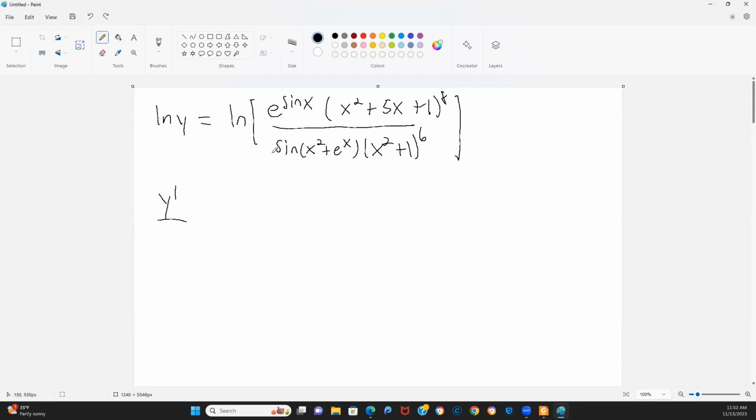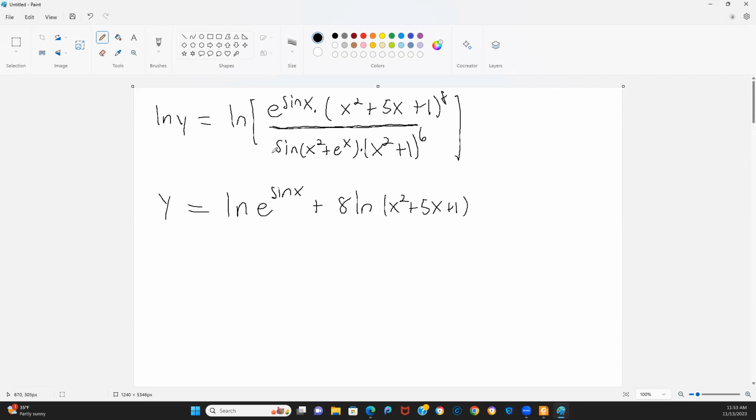Oh, sorry, we don't want to differentiate that. I'm going to use the log rules to break this up. So we have this fraction, which becomes a difference, and then we have a product here and a product here. So I'm going to combine a bunch of steps in one. So when you do that, you get ln e to the sine x plus, actually, you have this 8 here, so it's going to be 8 ln of (x squared plus 5x plus 1).